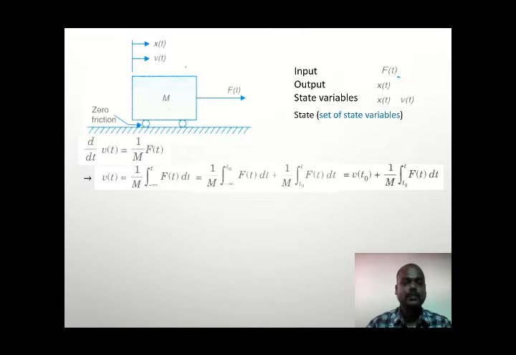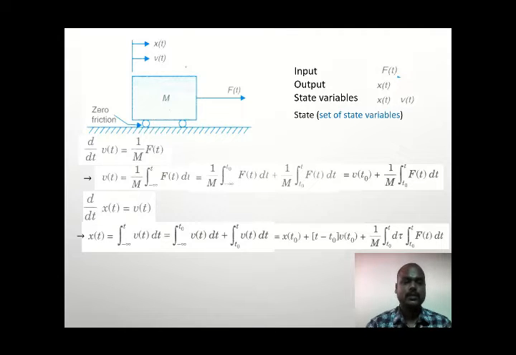After solving for v(t) with a definite integral from 0 to t, we find that v(t) equals v(t0), which is the initial velocity, plus 1/m times the integration of F(t), which is the integration of the acceleration over time. In a similar way, when we proceed to find x(t), which is the displacement in this case, we obtain this equation here.